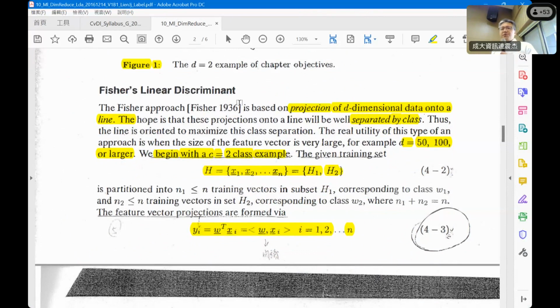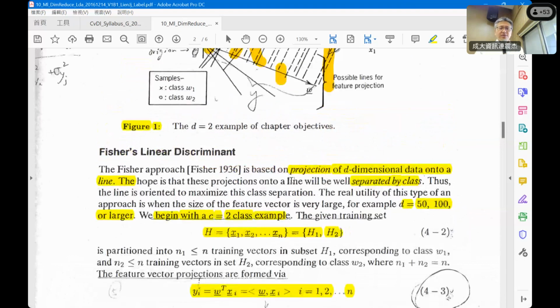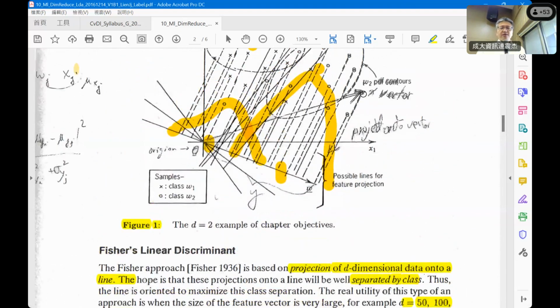This is very famous, called Fisher, the name of a person. It is linear discriminant, it's linear. Suppose X is 2D and Y is 1D. That means you have X here, and if you project to W, it becomes Y. This 1D axis will be the Y domain, and x1, x2 will be the X domain.